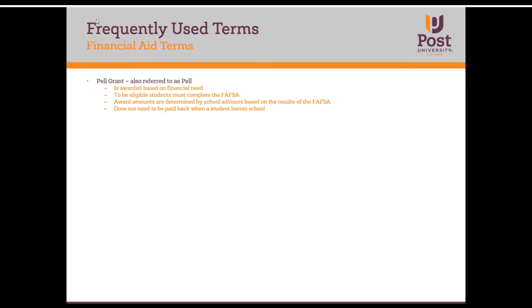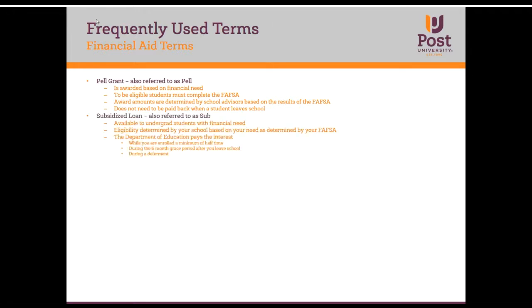The amount of your award is determined based on your financial aid advisor and their understanding of your FAFSA, the information that comes back regarding your finances, and this is a very individualized thing. The most important part of the Pell Grant is that it doesn't need to be paid back.